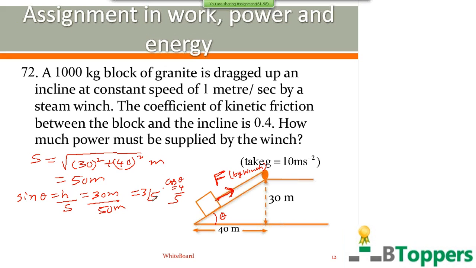So sine theta, from the figure you can write, height of the inclined plane divided by length of the inclined plane. So 30 meter by 50 meter or 3 by 5. You get cos theta from that equal to 4 by 5.